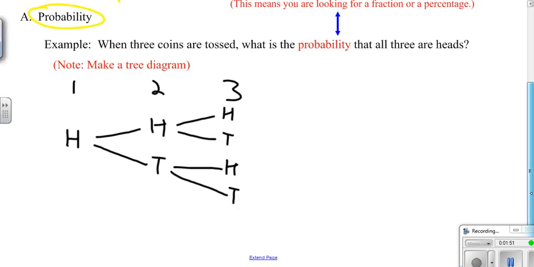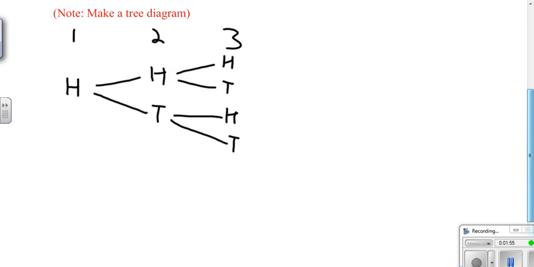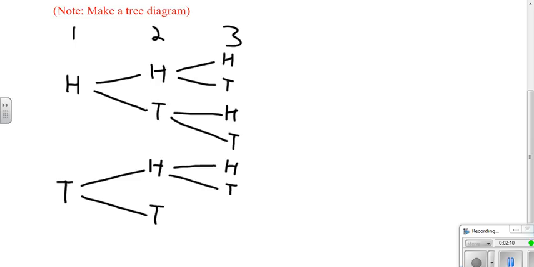That'll leave us a little more room to work here. Now if we had tails as our first one, heads as our second, we'll draw a little line there, then heads or tails. Tails our first one, tails our second one, then heads or tails as our last one.